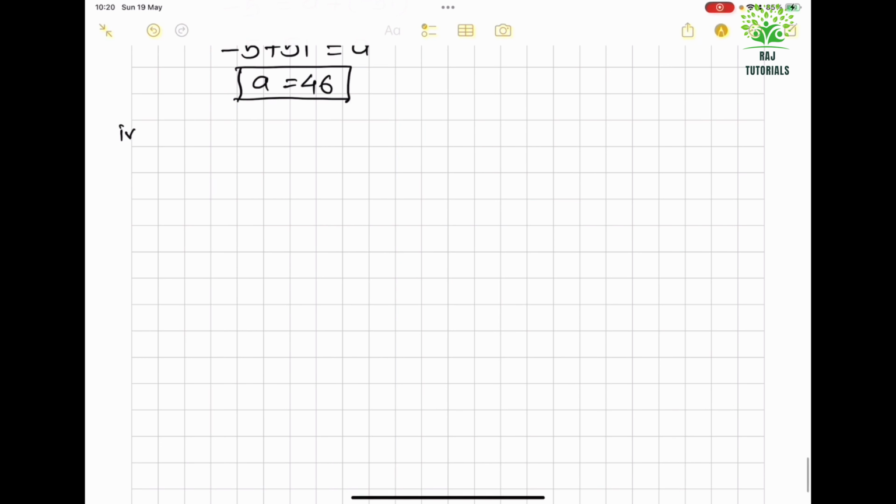Fourth one, it says given A equal to minus 18.9, D is 2.5, N I am not given, and AN is 3.6.